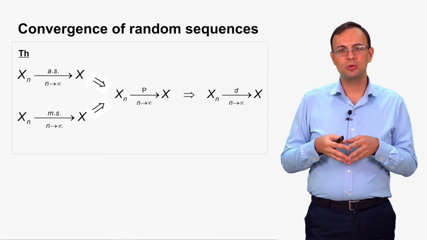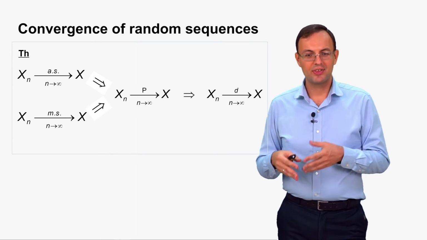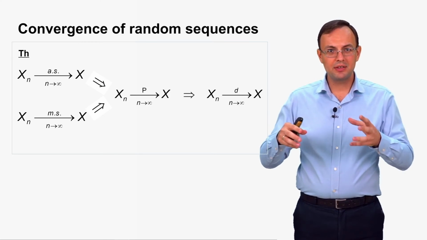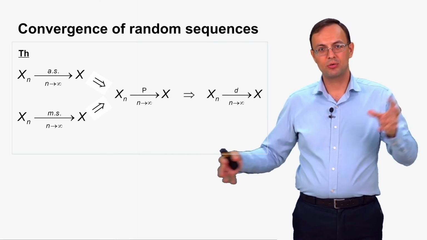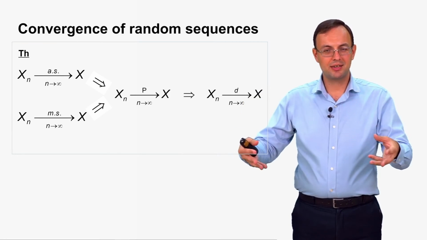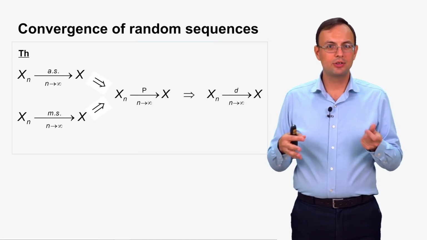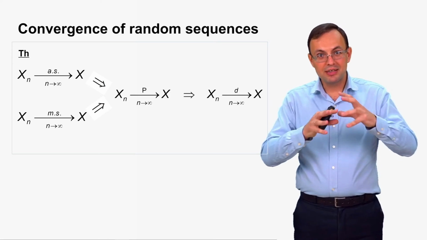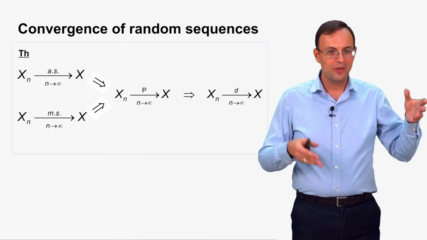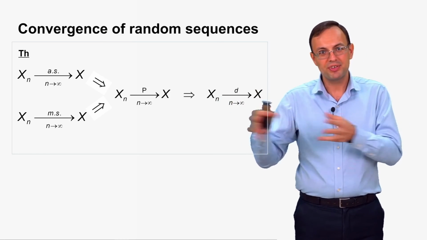But what you should also know about these types of convergence is that in practice they all look the same. If you are observing a random sequence, you make observations, you get some data, and you try to analyze it to understand what is happening, and you see with your own eyes that there is a kind of convergence here. You go along your sequence, and the elements are getting closer and closer to some number that is obviously the limit of this sequence.